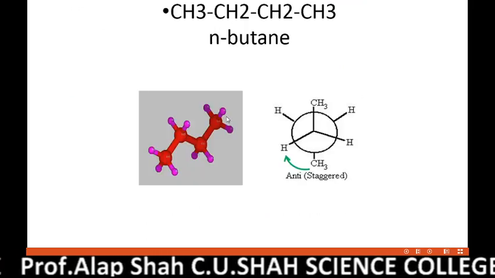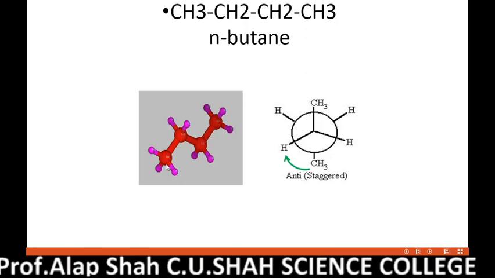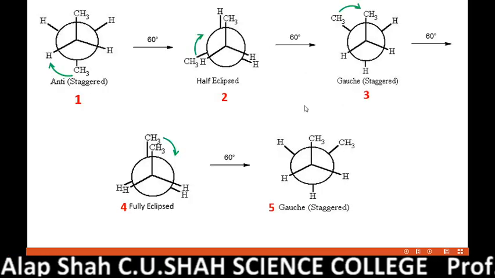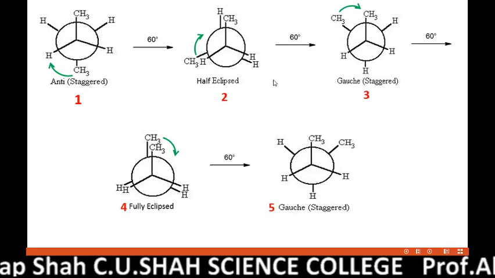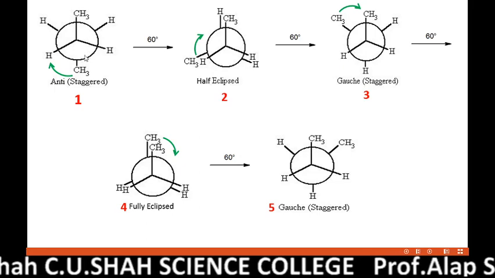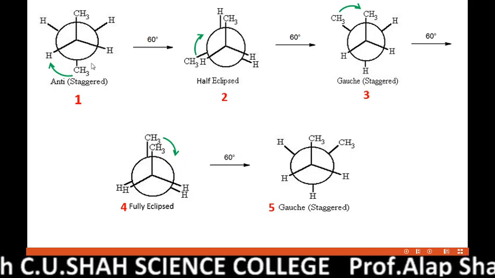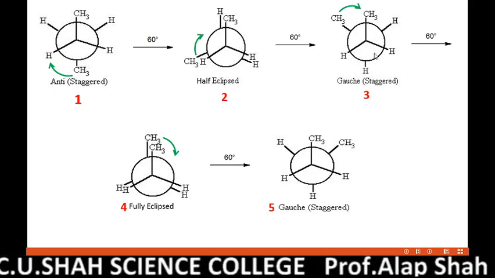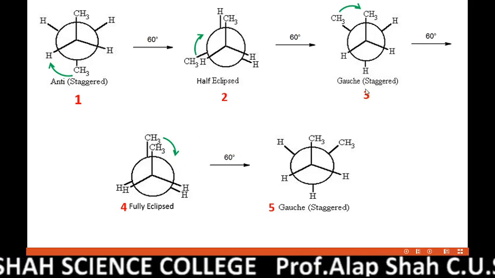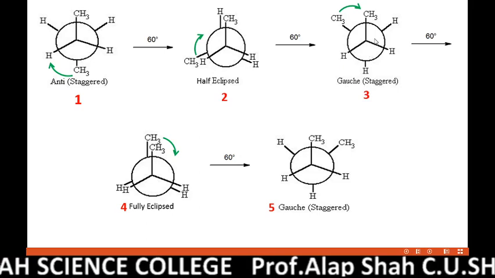So 3 hydrogens of this methyl and 3 of this, which are at 60 degrees. As a result, in first and third, obviously the anti-conformer, the first one, is more stable. This conformer is called Gauche conformer, or sometimes it is pronounced as Gauche conformer.